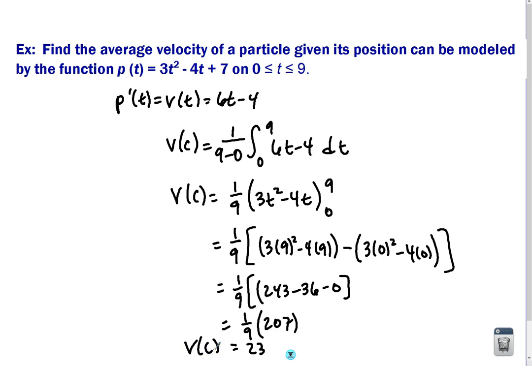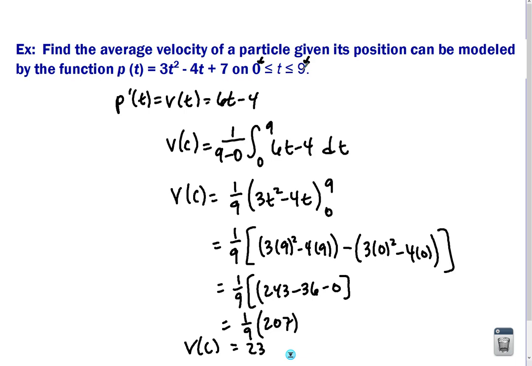Now, that's using the average value theorem. I want us to think about this for a second. If I have a position function here, I could find my position at 0. I could also find my position at 9, subtract the two, and that would give me, over time, the same exact answer.